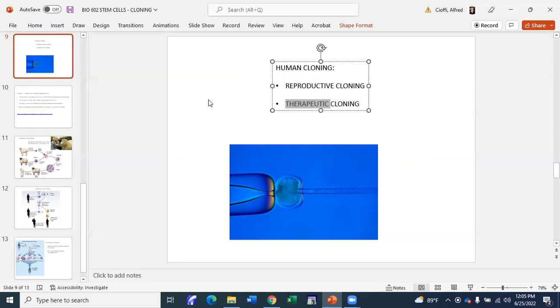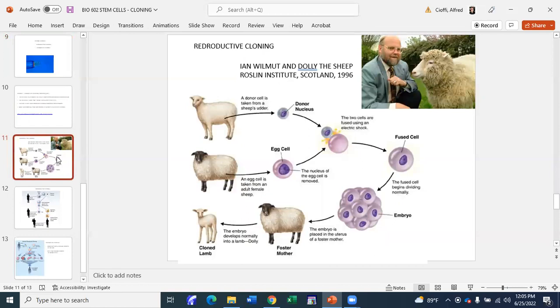It takes personalized medicine to a whole other level, and then generate the cell lines that were needed, and so forth, what I talked about earlier. Okay, so you see, mostly the big picture motivation behind all this was for therapeutic cloning of humans.